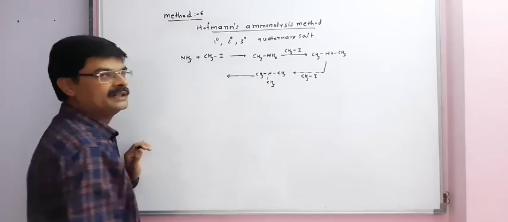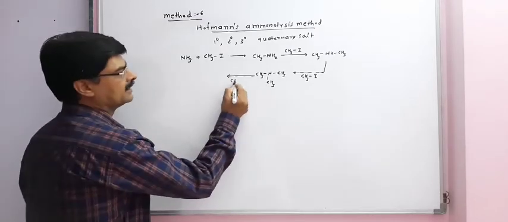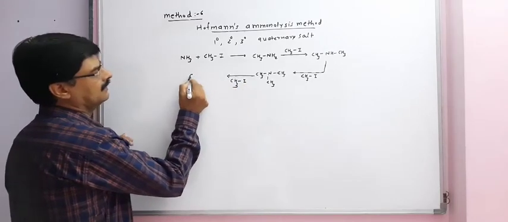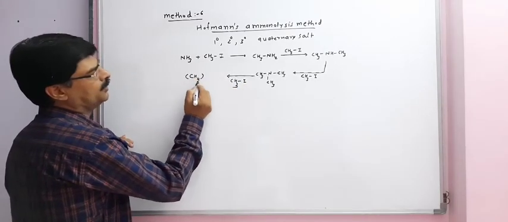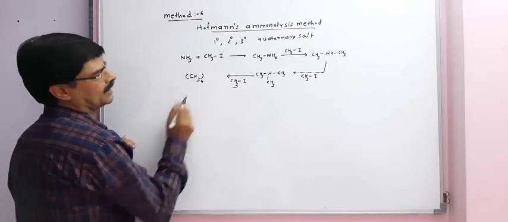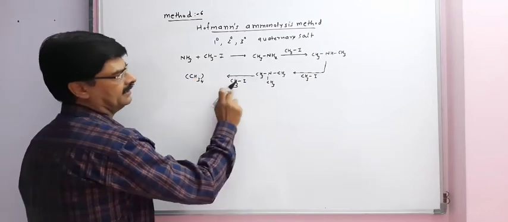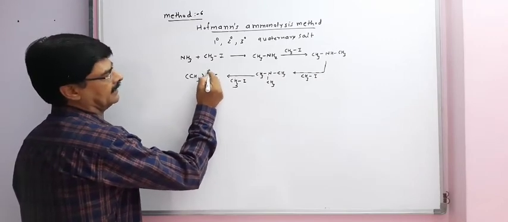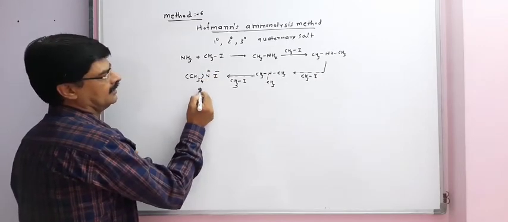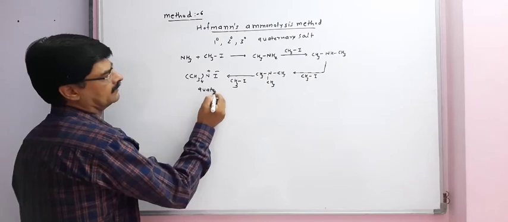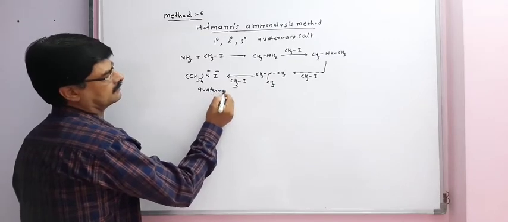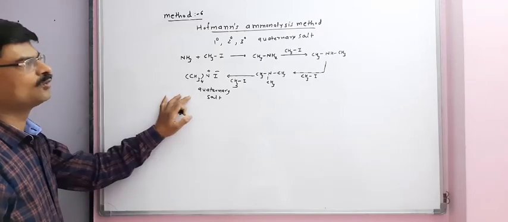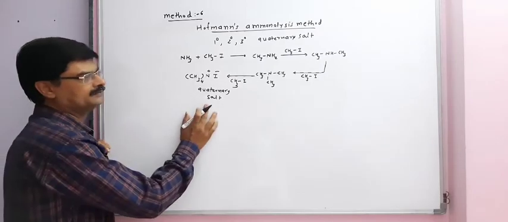And in the final reaction with methyl iodide, we get (CH3)4N+ I minus. This is known as a quaternary iodide salt.